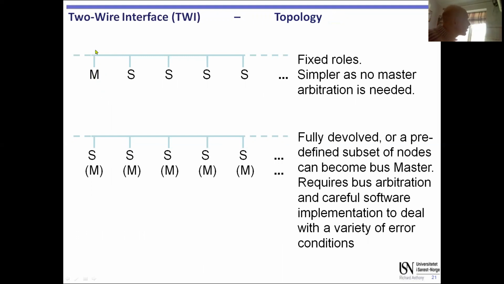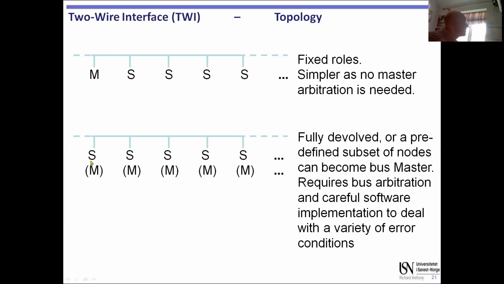This master can talk to this slave or this one using the 7-bit address, which identifies each separate slave. That's the fixed master mode. This is where masters are dynamic. So by default, everyone is a slave, and then one can be a master when it needs to be. And the diagram then temporarily looks like this, but goes back to looking like this again afterwards.